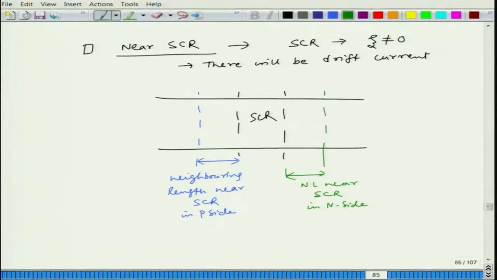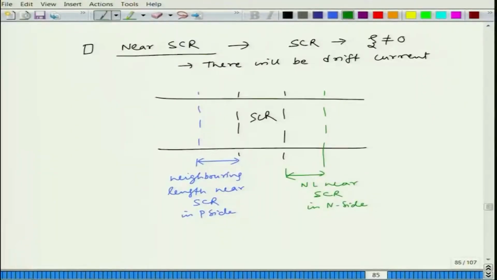Here the generated electrons and holes will move around randomly, right, and the length after which they recombine is known. That is called the recombination length, Ln or Lp. Now, if you have some particular electron which is within that length from the space charge region, it has a probability of drifting near the space charge region or to the edge of the space charge region.